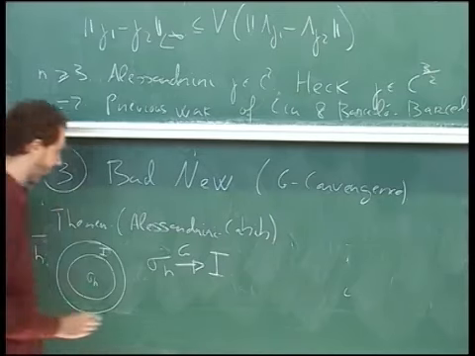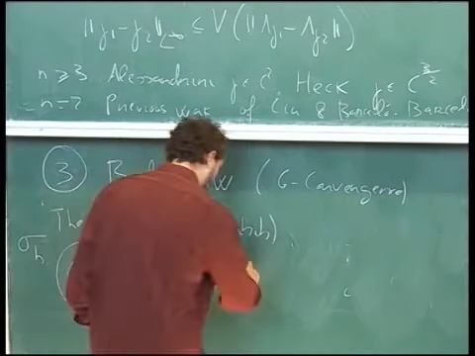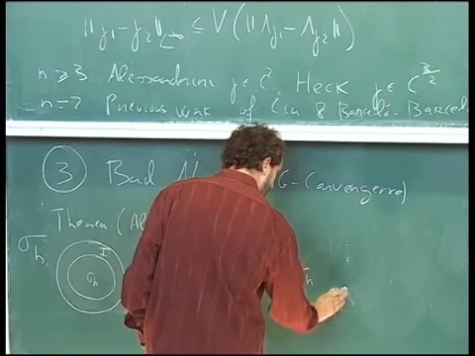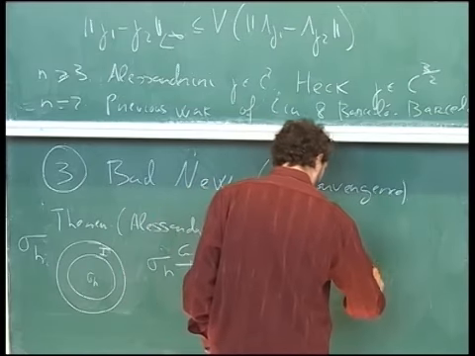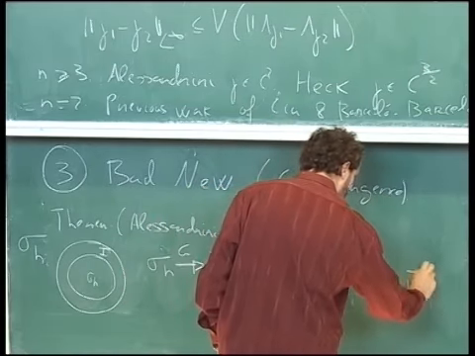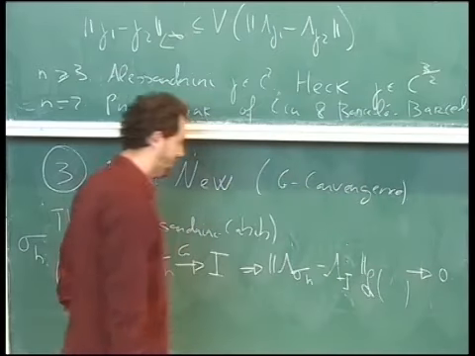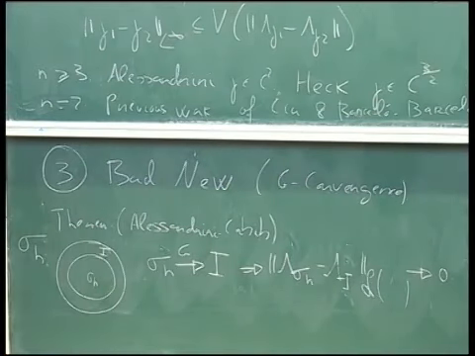Then, I will come to some examples, but before, let me state the result. Lambda sigma h minus lambda of the identity converges to 0 in the operator norm, on H^{1/2}.